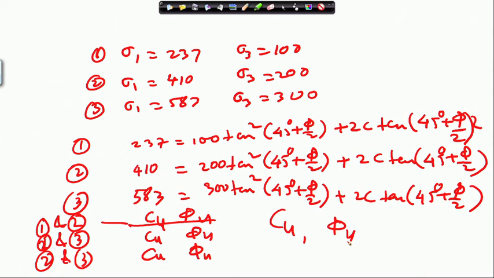Sometimes many people do not like to draw on graph paper and want to do it analytically. Then this equation can be used. Instead of drawing the Mohr circle I can write the equation, and in each equation we will have two unknowns. From a single equation we will not be able to solve, but you need at least two equations.